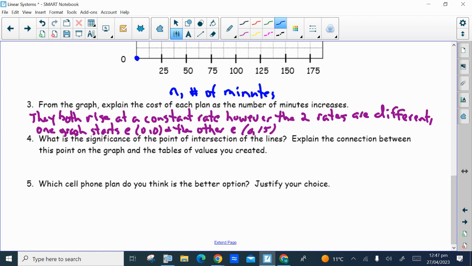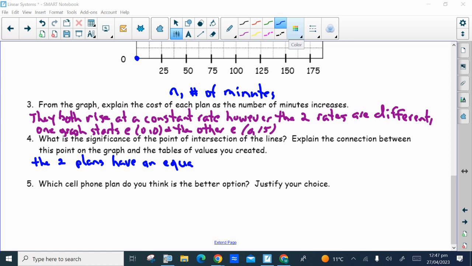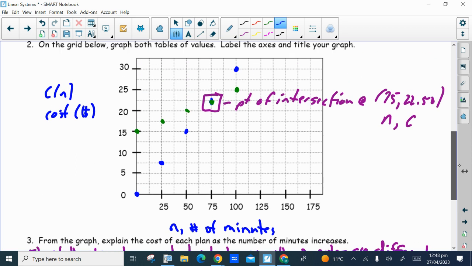The two plans have an equal cost of $22.50, and that is at 75 minutes.